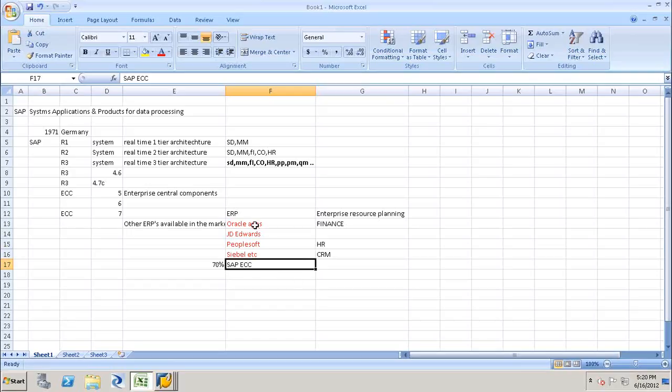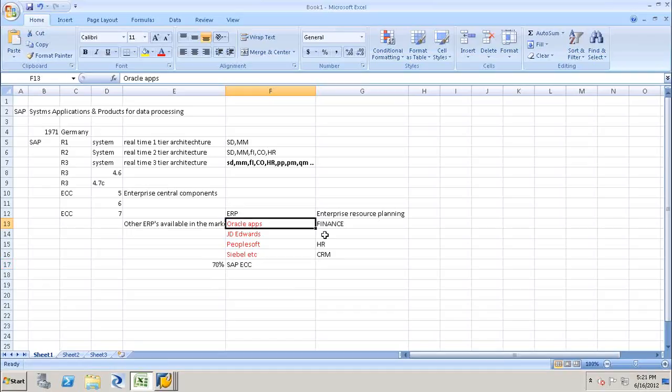Oracle Apps also tries to do the integration. Whatever business transactions we are performing in SAP ECC, the same thing can be done in Oracle Apps also, because in Oracle Apps also we have finance, we have sales and distribution, we have procurement, all those things. But integration is not successful.